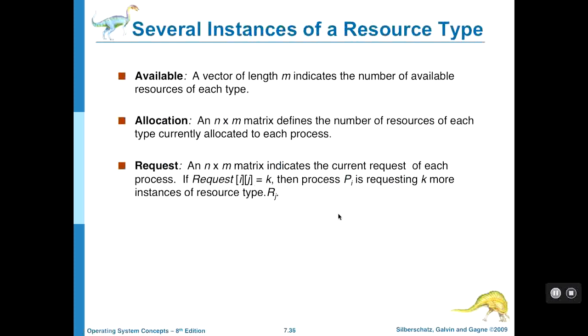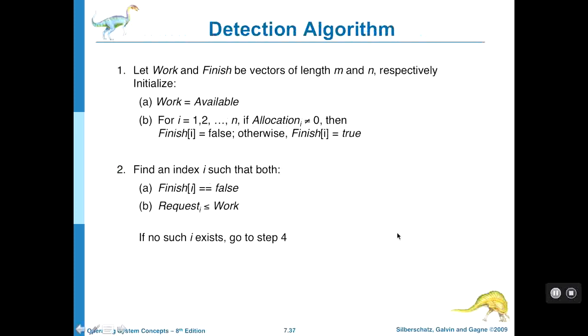If we have several instances of a resource type, we're going to use something that looks a bit like Banker's algorithm again to be able to detect whether a deadlock has happened. Our data structures are available, allocation, and request. And the detection algorithm is somewhat similar.